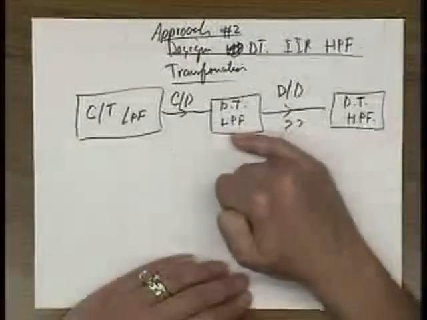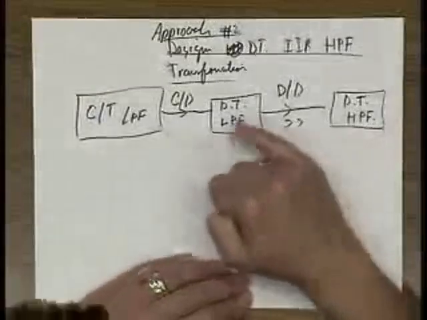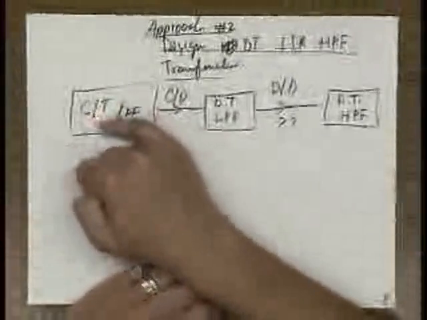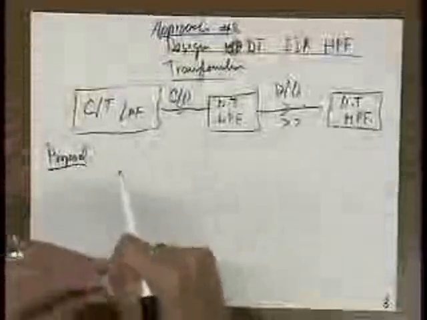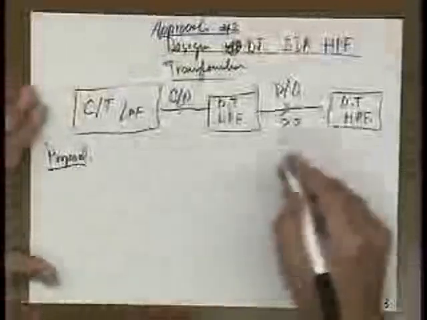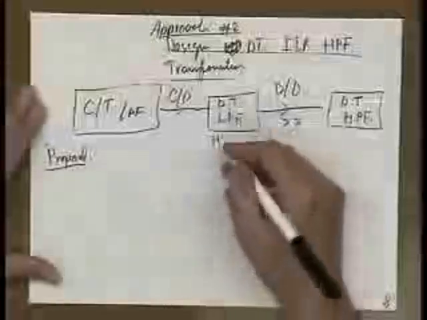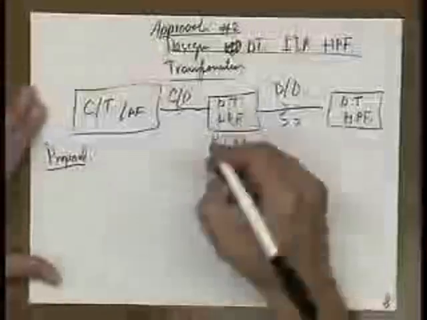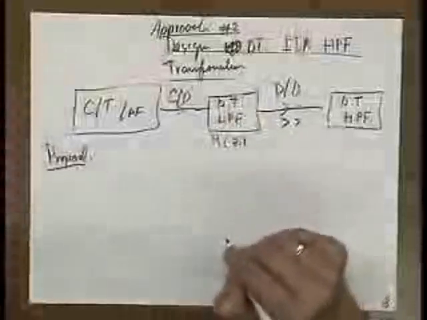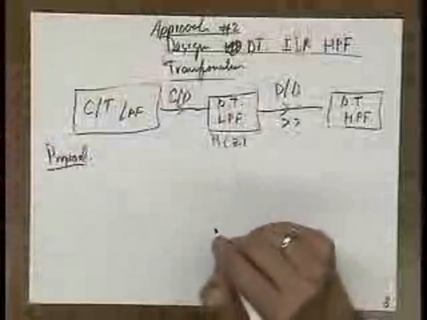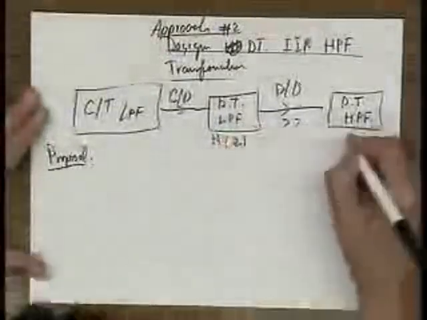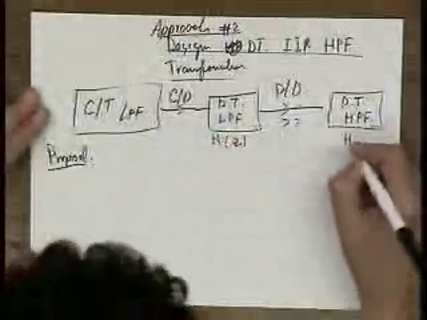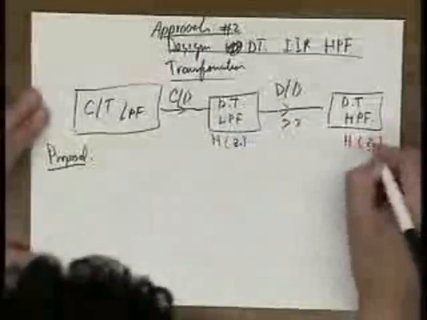So in some sense, I reduced the problem to the problem that we discussed in the last lecture, which was how to design a discrete time low-pass filter. Well, how to design a discrete time low-pass filter was based on how to do continuous time low-pass filters. Right? So the proposal that we have is as follows. I'm going to name these things. I call this H of z1, and I'm going to call this H sub d of z2, since I have to name this a different name.